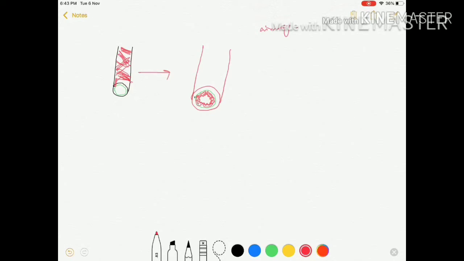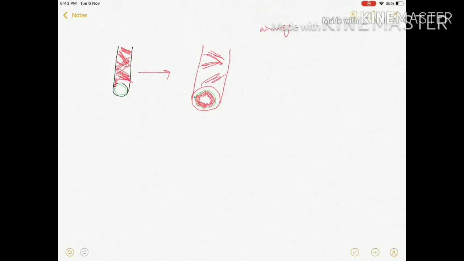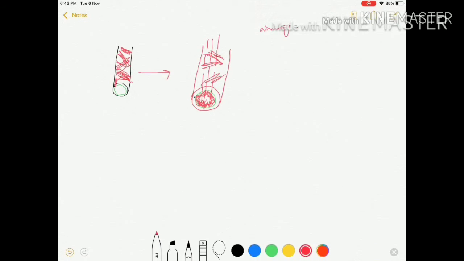So there will be decreased airflow through this narrow airway.